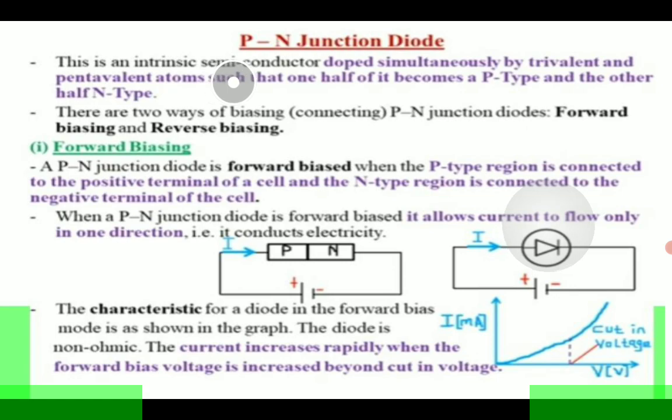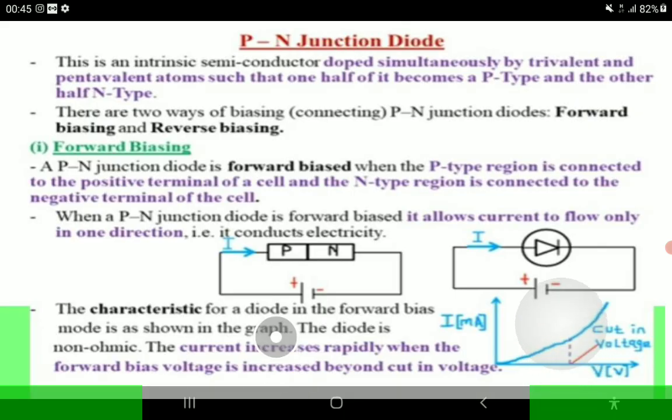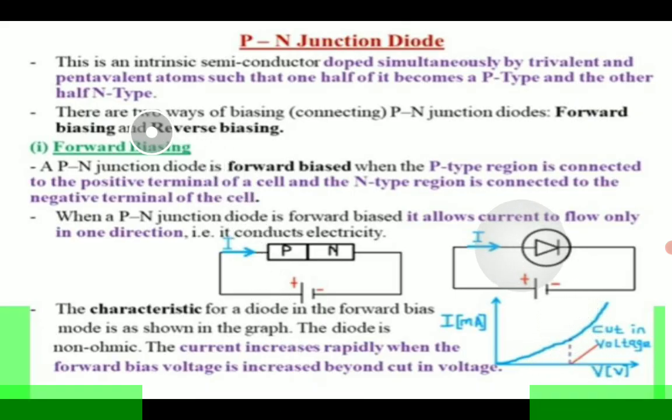When connecting a PN junction diode in a circuit, there are two ways you can do that. There are two ways of biasing. Biasing is the connecting of the PN junction diode in a circuit.